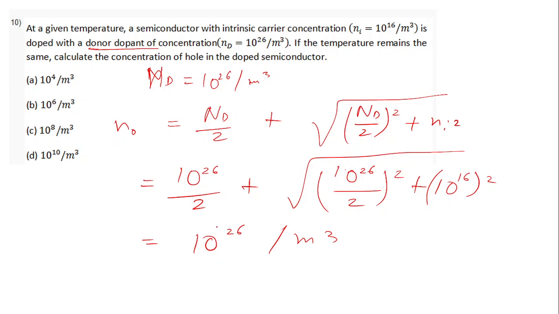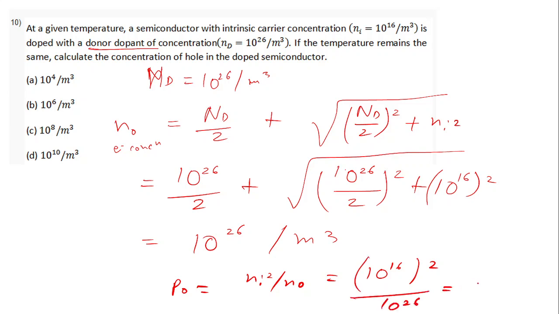Now hole concentration will be ni square by n0, which is 10 to the power 16 squared divided by 10 to the power 26. This gives us 10 to the power 6 per meter cube. For hole concentration we first need to find the electron concentration, and we find it like this. So the correct answer is option B.